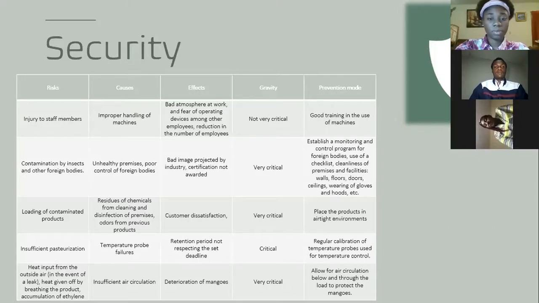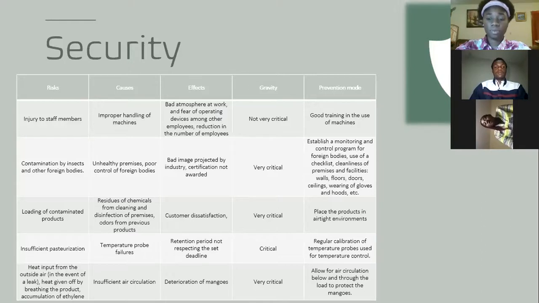Gravity: very critical. Prevention mode: establishing a monitoring and control program for foreign bodies, use of a checklist, cleanliness of premises and facilities, walls, floors, doors, ceilings, etc.